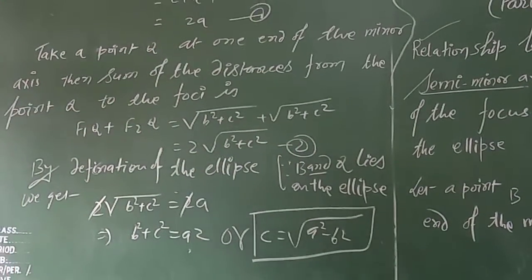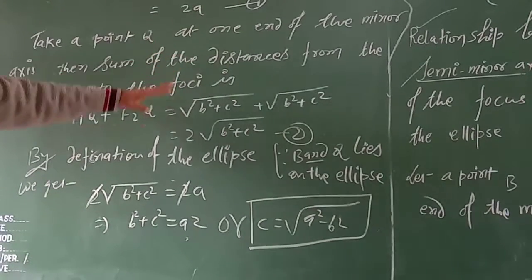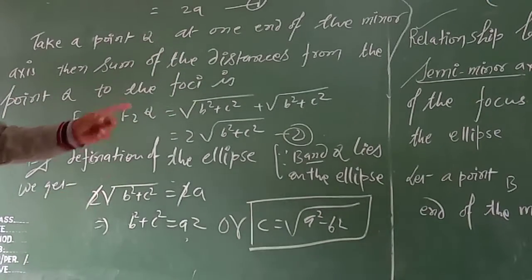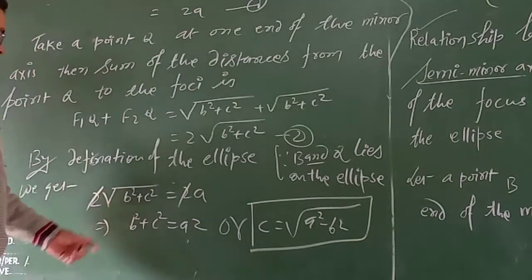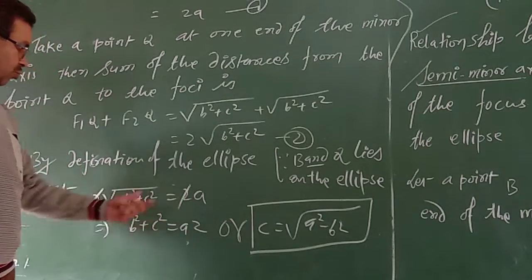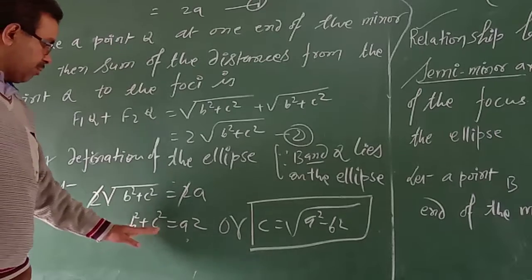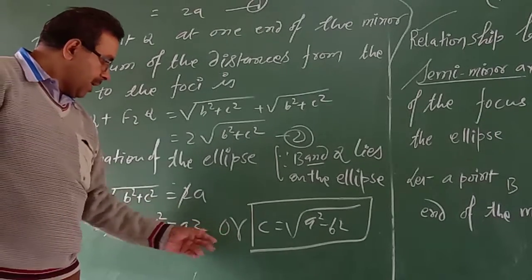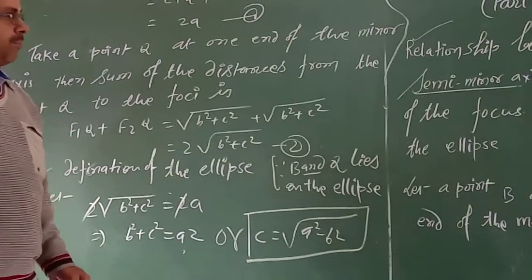And now next, by the definition of ellipse, since B and Q both lie on the ellipse, then both will be equal to each other. So from equation first and second, we get twice root over b square plus c square is equal to 2a. 2 will be cancelled on both sides, and after squaring, we get b square plus c square is equal to a square, or the value of c equal to root over a square minus b square.